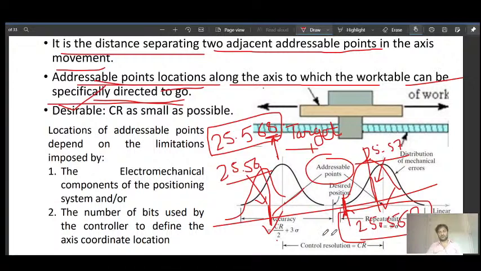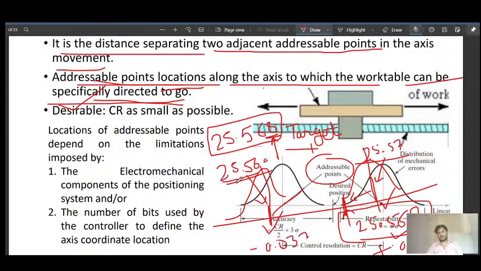So there would be some error. If the target is higher and it is positioning below, there is an error on that side, and in the same way on the other side. From this side the error is 0.032 minus.